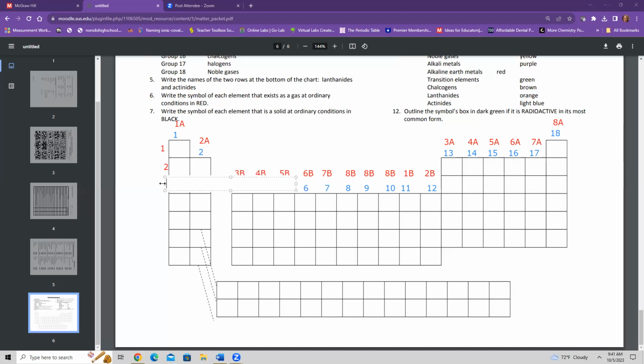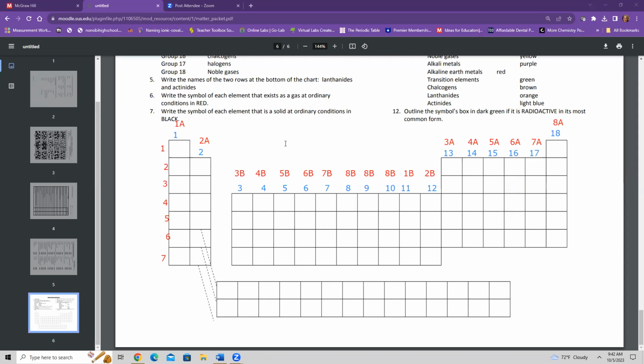I'm going to put them like that. There we go. 4. Six. That one's okay, just put it on the side. And that's 7. All right, and that's all of them. I know they're not perfect. So that's your rows and your periods.